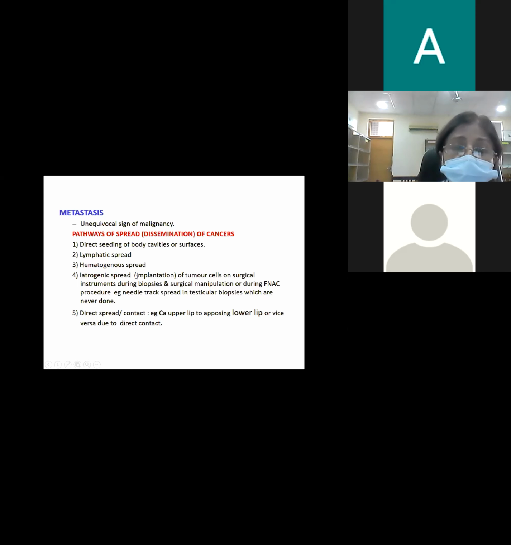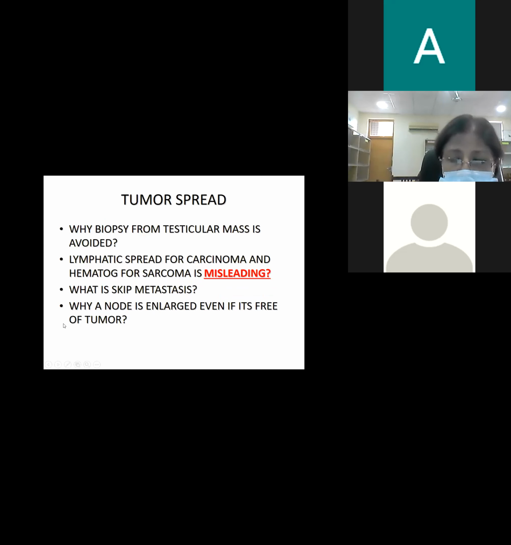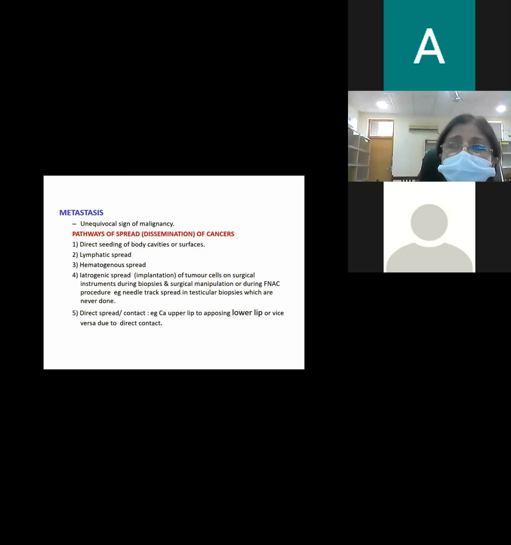And iatrogenic spread is that type of spread which we produce as a result of our negligence. यानी कि हमने suppose एक ट्यूमर को एक्साइज करने की कोशिश की है, या उस ट्यूमर के अंदर हमने नीडल डाल दिया, तो उस नीडल ट्रैक के पाथवे के अंदर अगर ट्यूमर डेवलप हो जाए, iatrogenic means which we have created as a result of surgical manipulation, या हमसे खुद से हो गया.